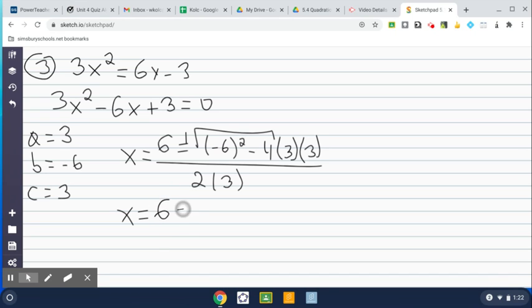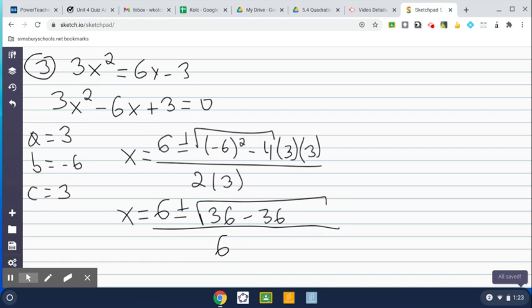6 plus or minus negative 6 times negative 6 is 36. Negative 4 times 3 is negative 36. And everything divided by 6. Okay, I will continue on this side.